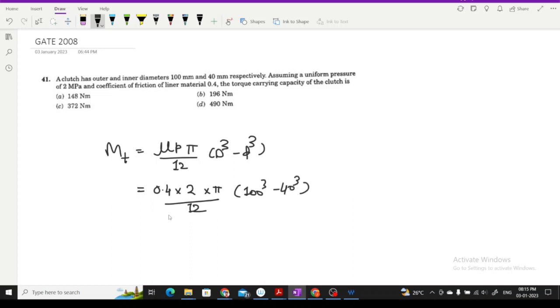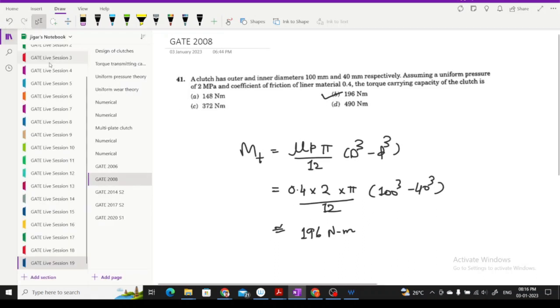Is it correct? B, sir. Yes, it will be almost this 6 Newton meter.